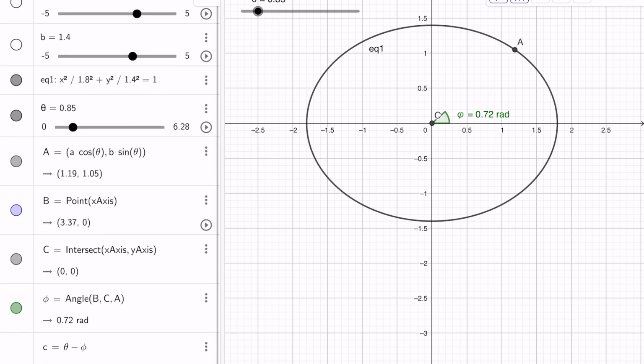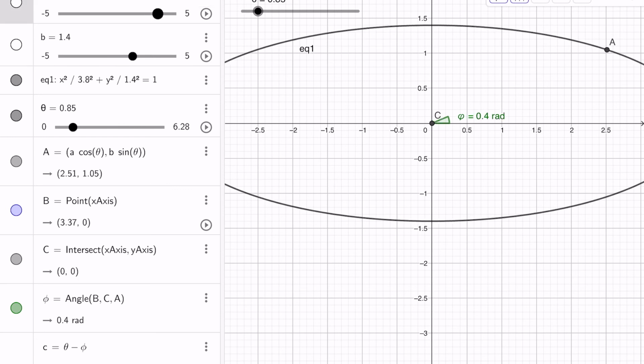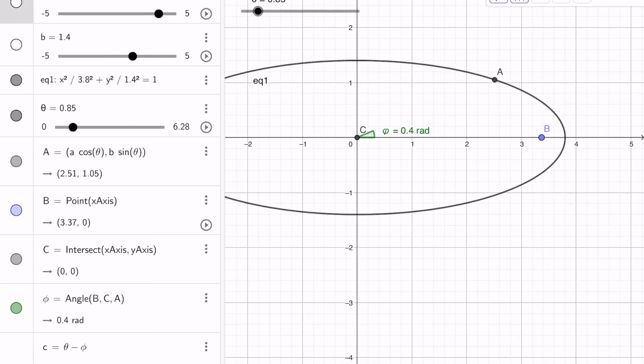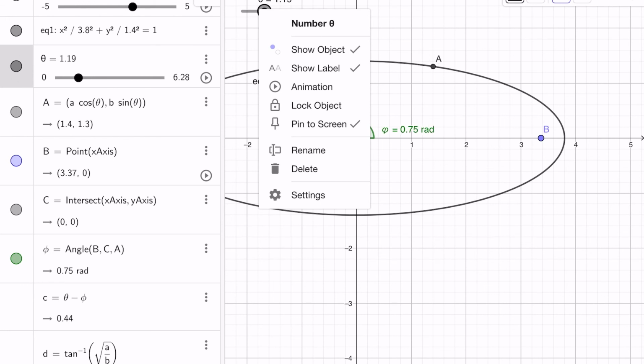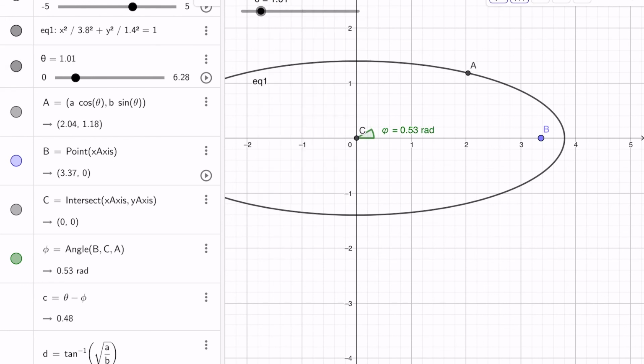But if I elongate, if I stretch it out a bit, now our biggest value is 1.03. Okay, so when theta is 1.03, about there, the difference between theta and phi is actually quite big. It's 0.48. And then either side of that, we get smaller differences.